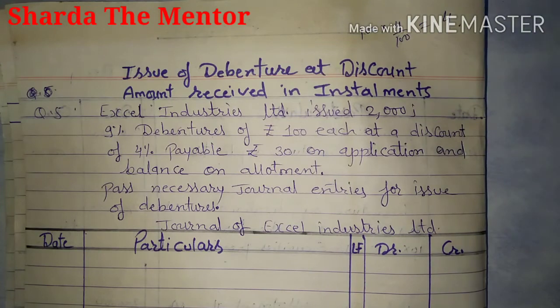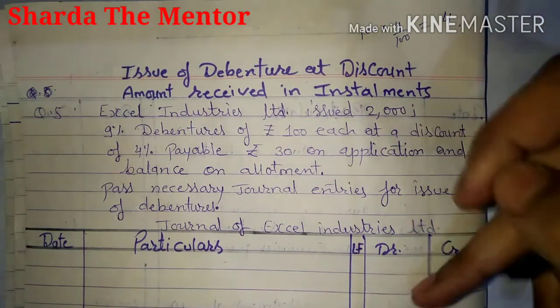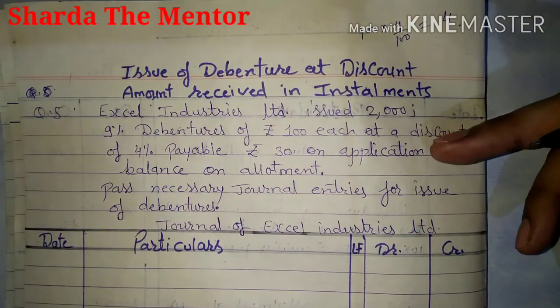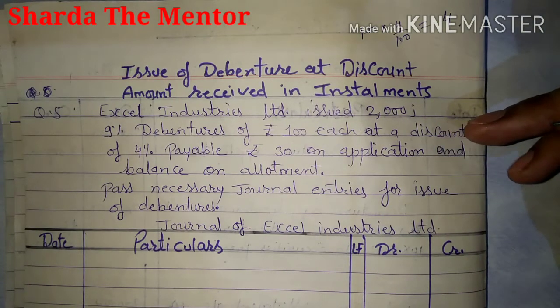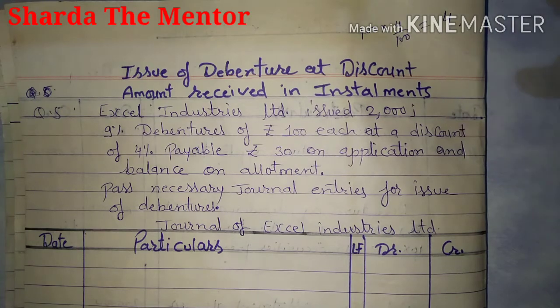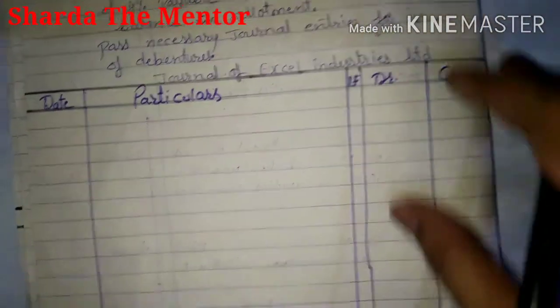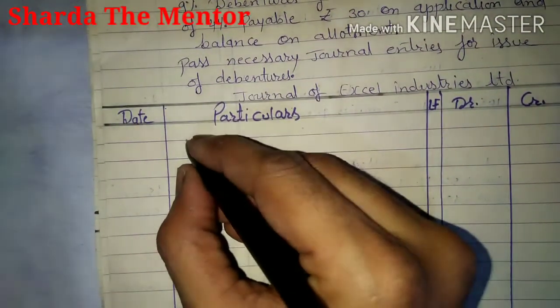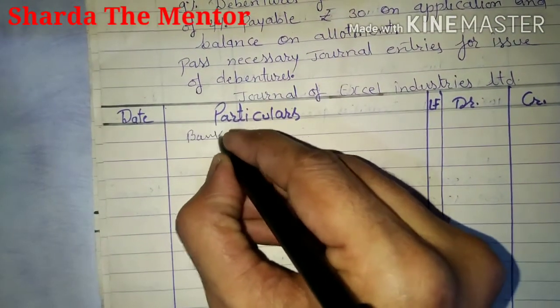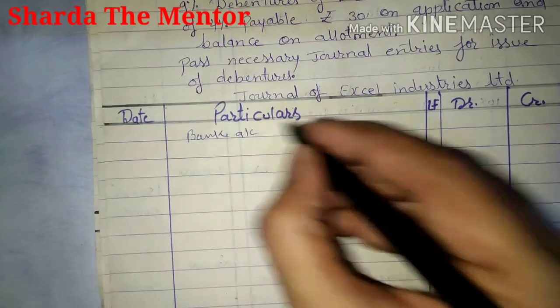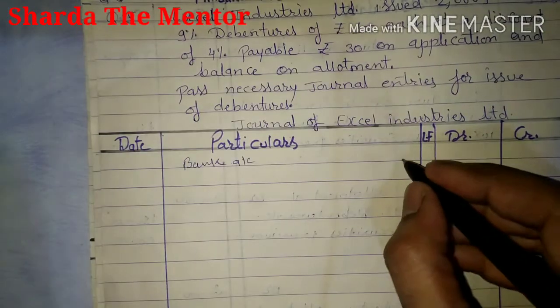Now the question arises where we will show the discount entry, in the application or allotment. If it is not mentioned in the question, it is always shown at the time of allotment. So the first entry we will pass, I hope you know, or you have remembered the entry properly.